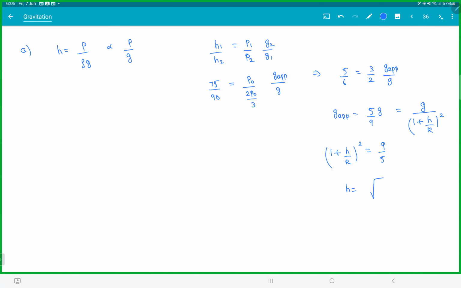So H is equal to root over 9 by 5 minus 1, into R. When we say small change, we are talking about 1 or 2%. That is the binomial approximation. That's how we do that.